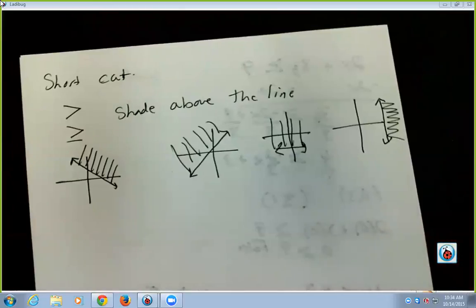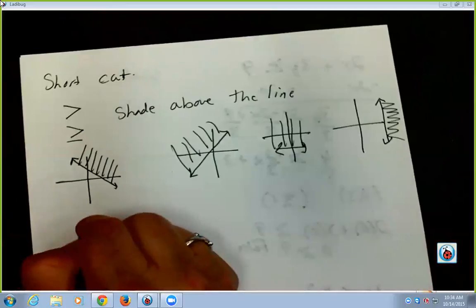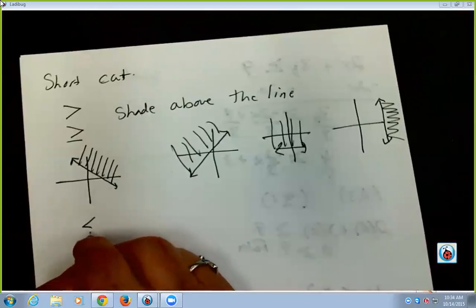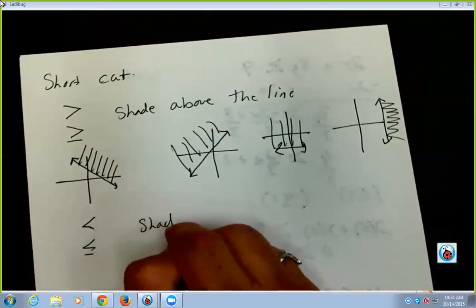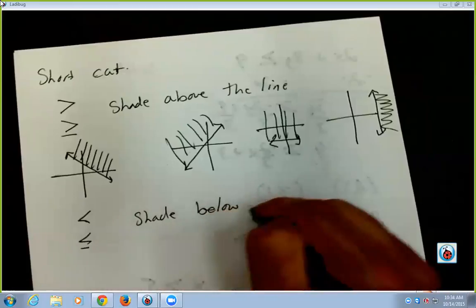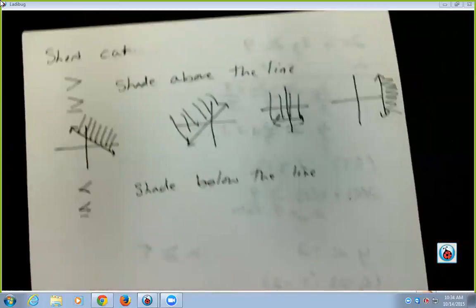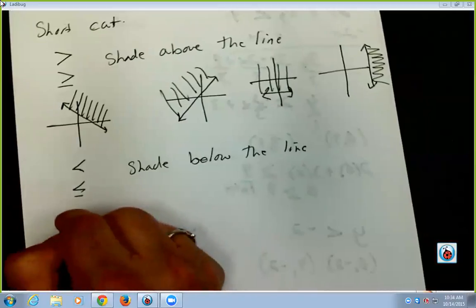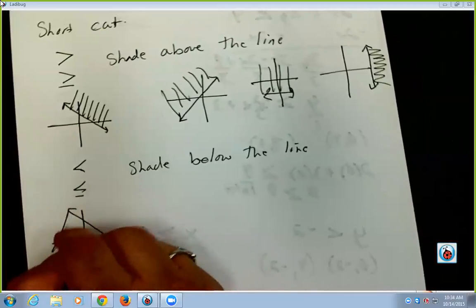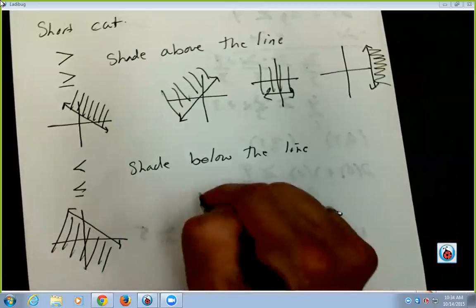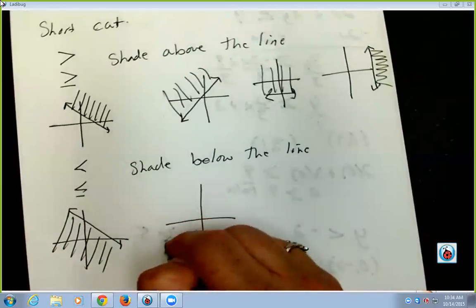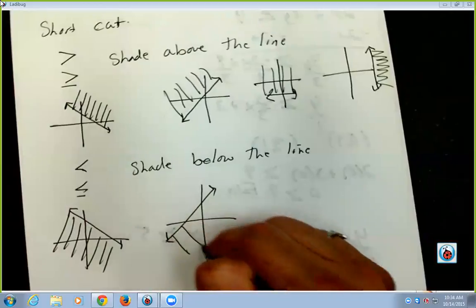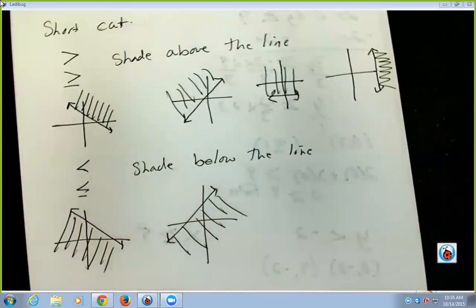So I didn't use test points with that at all. So we shade above the lines if we have greater thans. So where do you think you shade if you have less thans? Under the line or below the line. So if I have a less than or equal to, we're going to shade below the line. So again, if I have my negative slope, I would shade down here. If I had a positive slope, I would shade below the line.